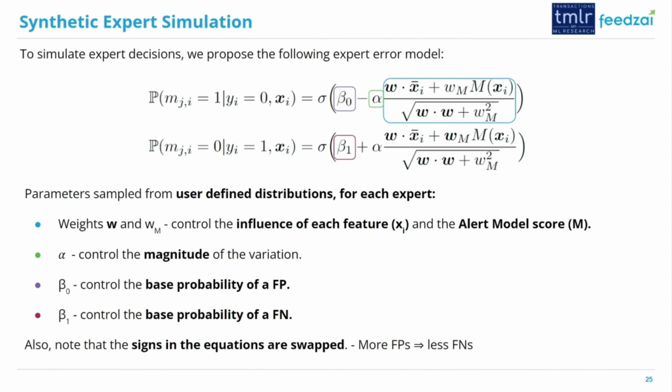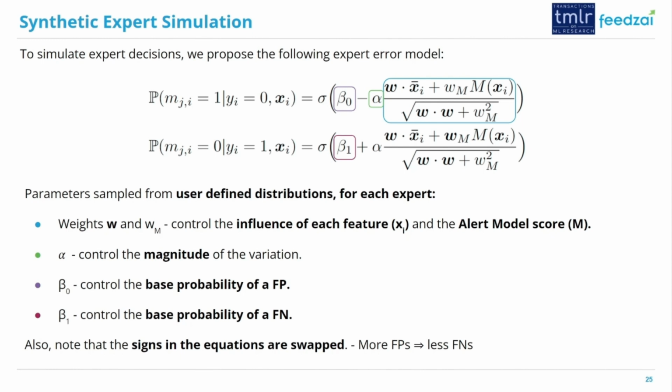The vector of weights W and the value of Wm control the influence of each feature and the alert model score, as this is often a value that is shown to financial analysts. Alpha controls the magnitude of the variation induced by these features, and both betas, 0 and 1, control the base probability of a false positive and the probability of a false negative, respectively.